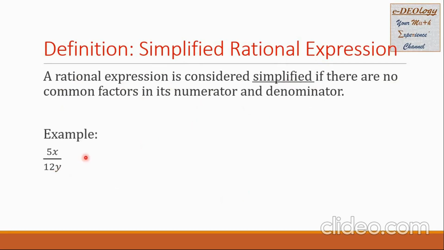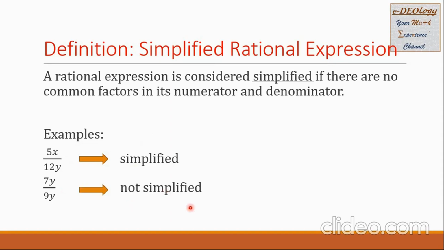Example, the 5x over 12y is simplified because there is no common factor in the numerator and in the denominator. Another example is 7y over 9y. This rational expression is not simplified because of the variable y that is common to the numerator and in the denominator.